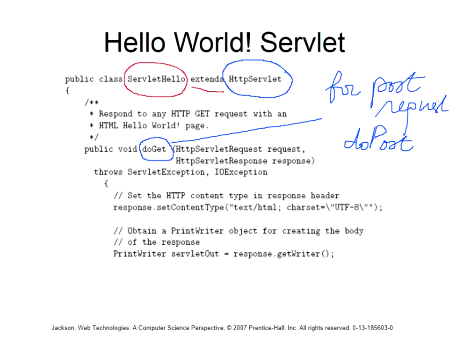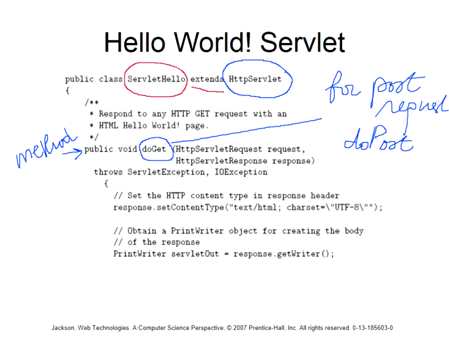So what is doGet here? What represents doGet? Here we have a class and doGet. Yes, very good. It's a method. So in a Java application, we create public static void main.